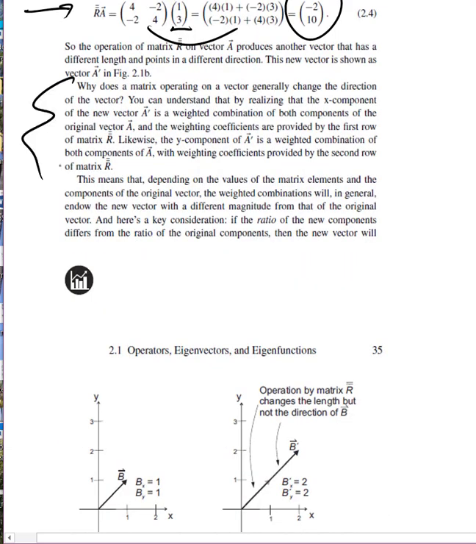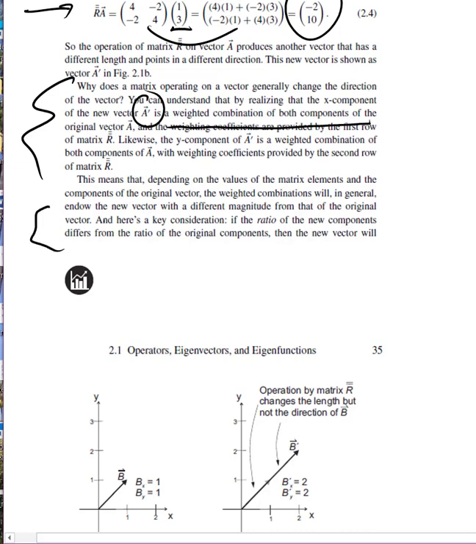It points out that the new vector, A prime in this case, is a weighted combination of both components. That is, the x part of A prime involves both the x and the y part of A. Likewise for the y part of A prime. So you would expect that the magnitude might change.